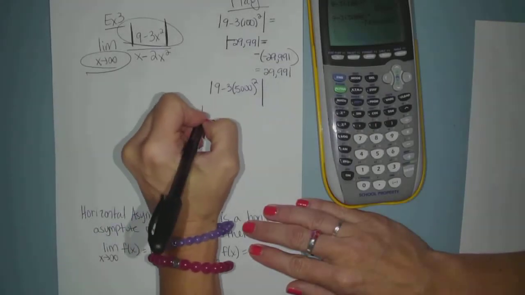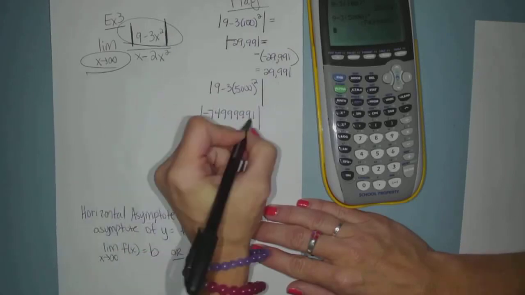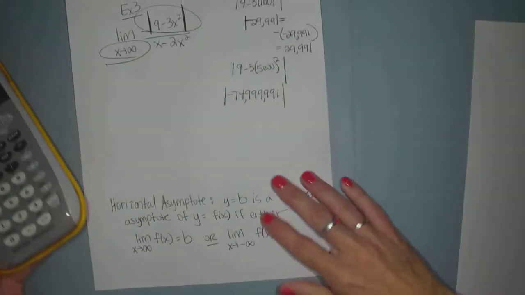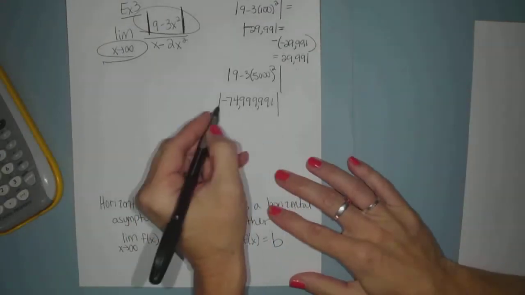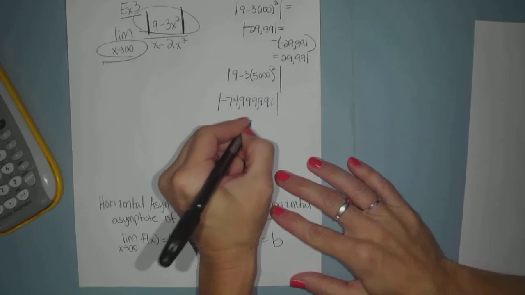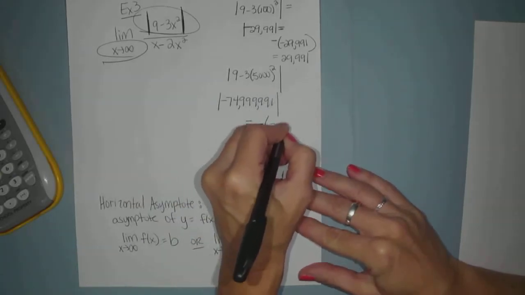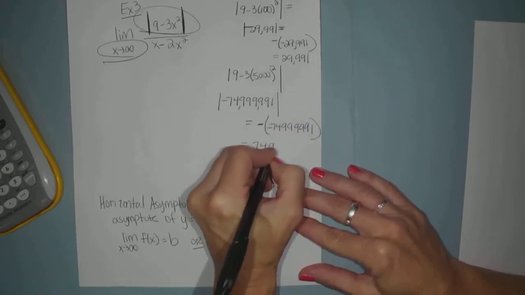Absolute value, negative 7,499,991. Okay, there's my number. It's huge negative here. The absolute value is positive. The only way to get there is to take the opposite of this negative crazy big number, which will give me the positive.